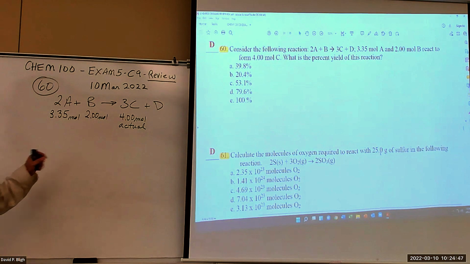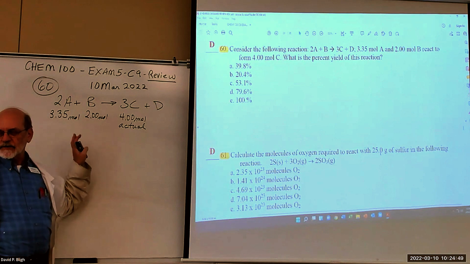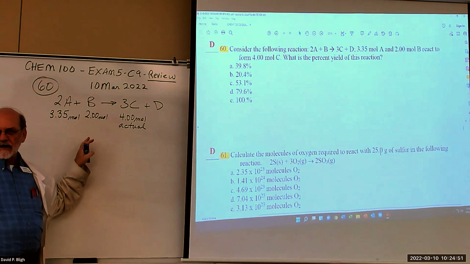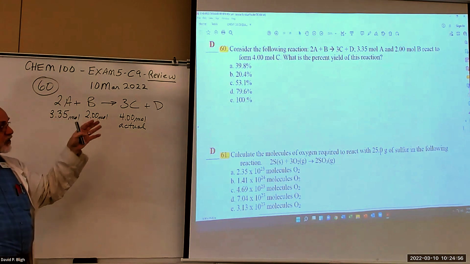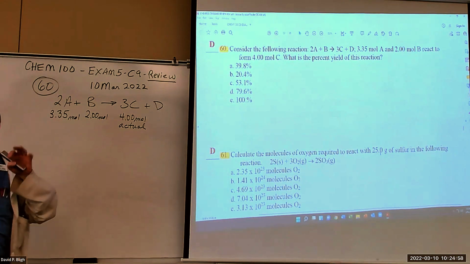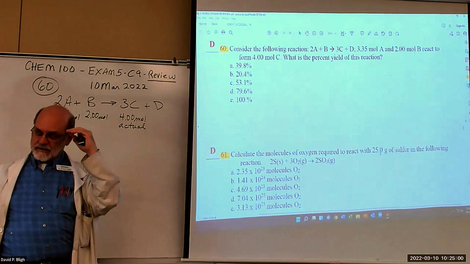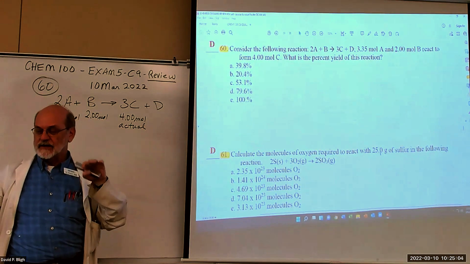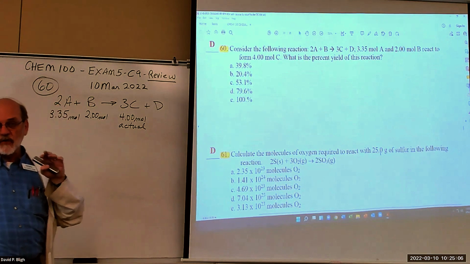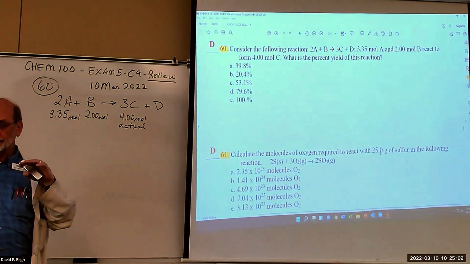I think I mentioned this at the end of Tuesday's lecture. If you're confronted with a problem that's asking you a question that doesn't quite fit the narrative, because we had actual mass divided by the theoretical mass times 100 is percent yield. But in this case, we're going moles ratio.